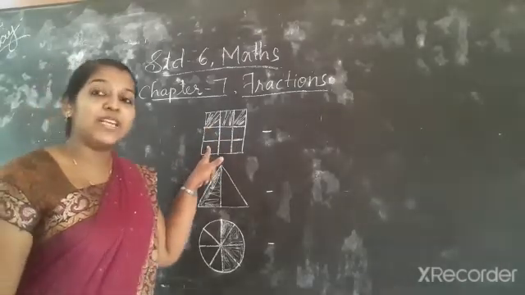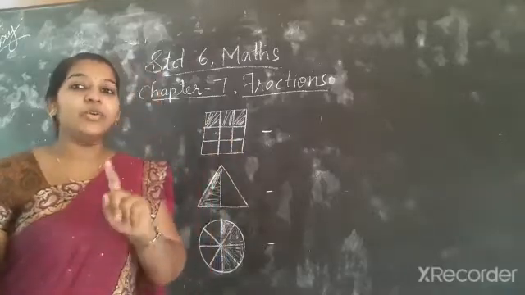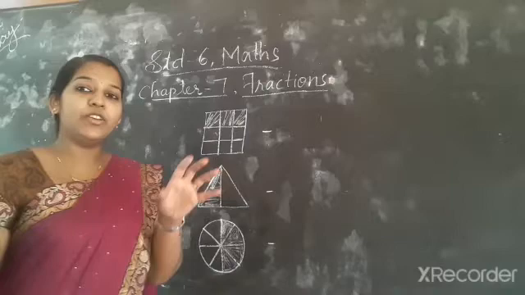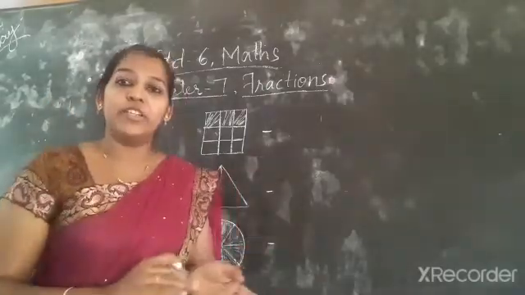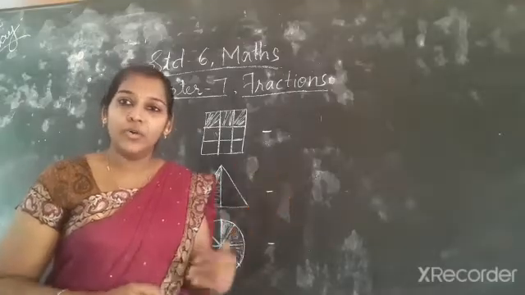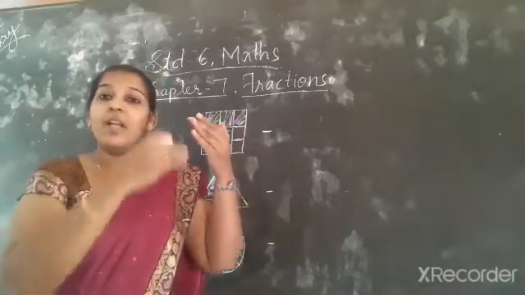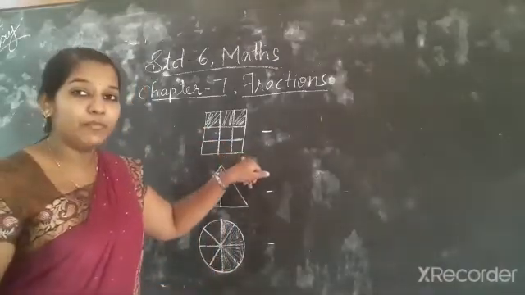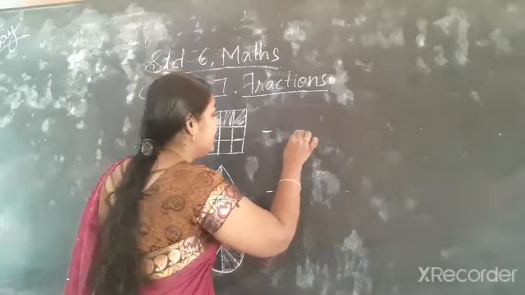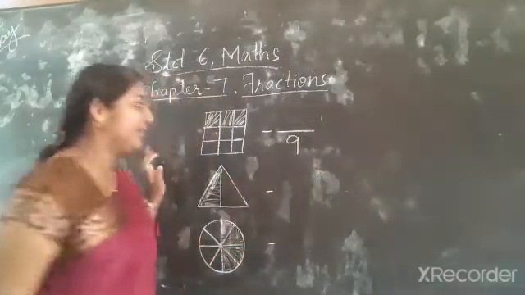This square is divided equally into 9 parts. When you are writing the fraction, the total number of parts you should write in the denominator. Denominator means the number which comes below the line. So the total number of parts is 9, and you write 9 in the denominator.